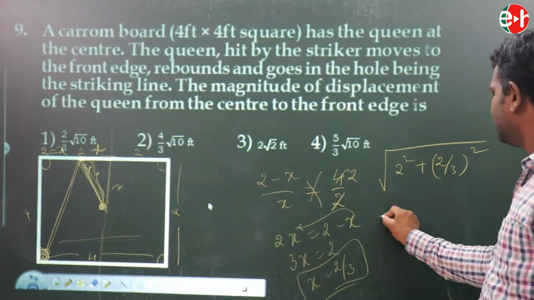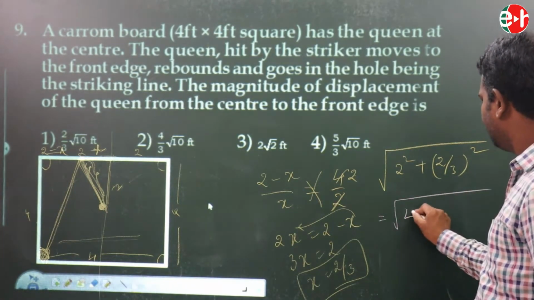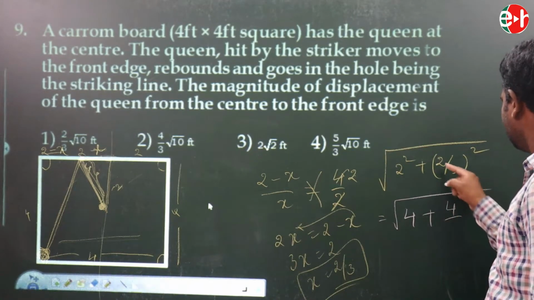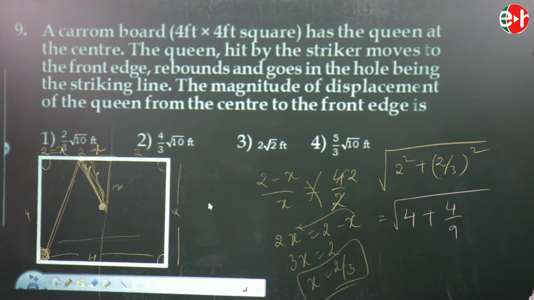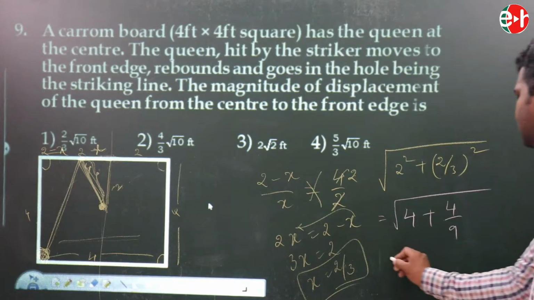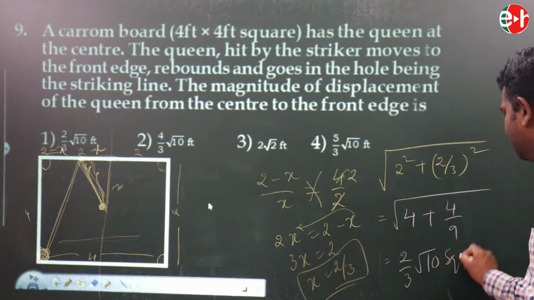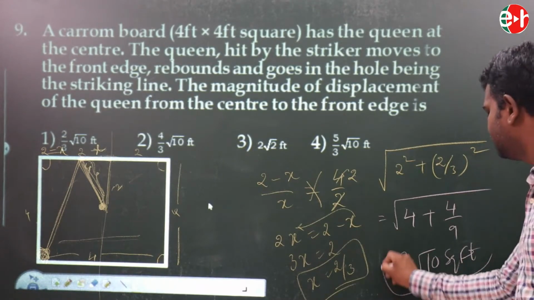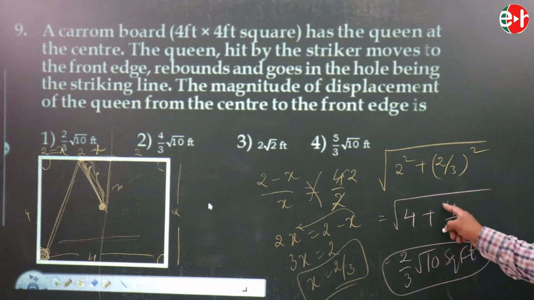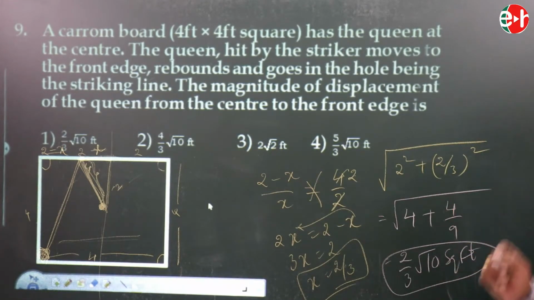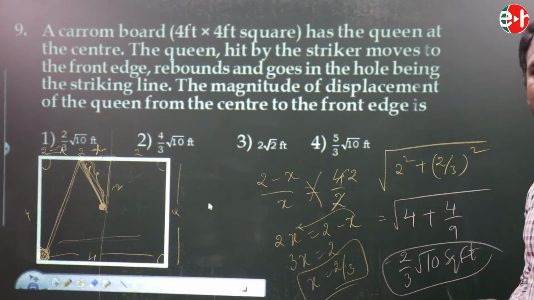So upon simplification, you get root over 4 plus 4 by 9. So simplify this, you will get 2 by 3 root 10 feet. Don't ask me how. You try this. Give work to your mind and you try this. Okay? So this is our beautiful problem.